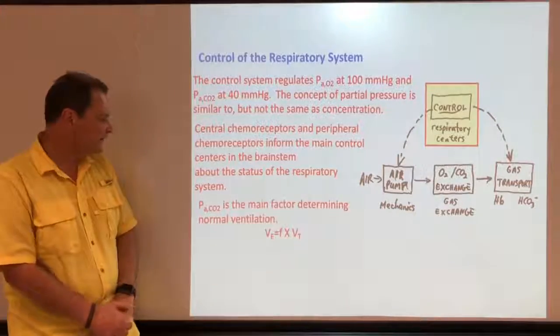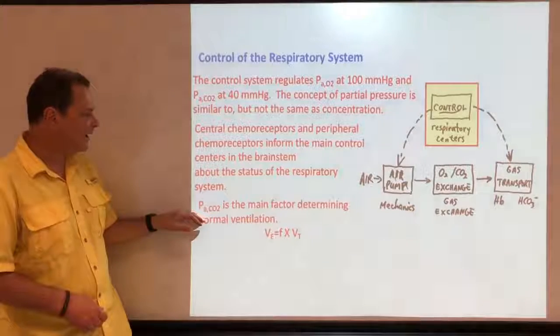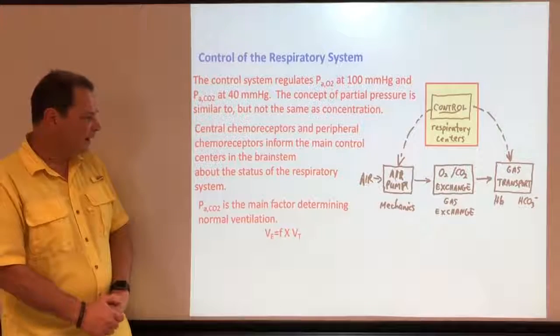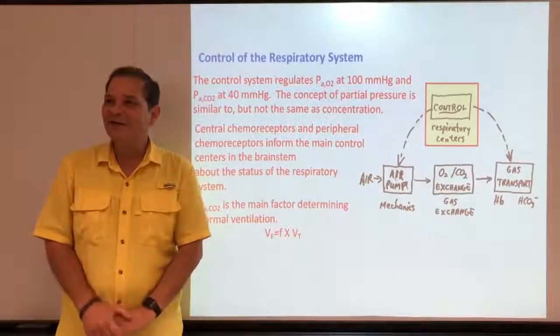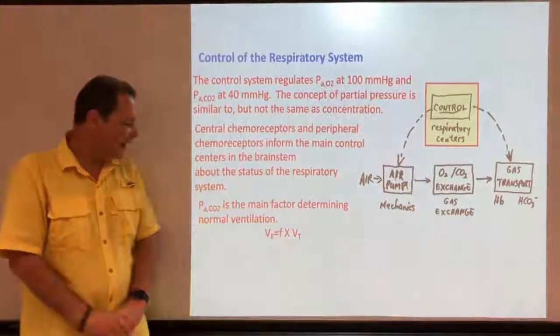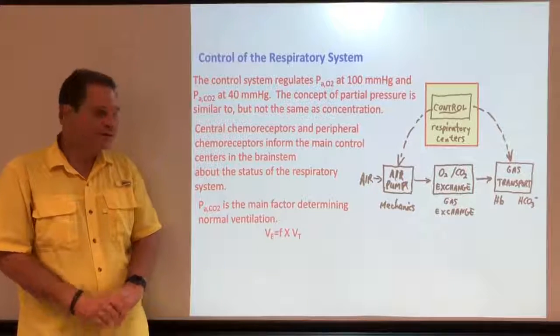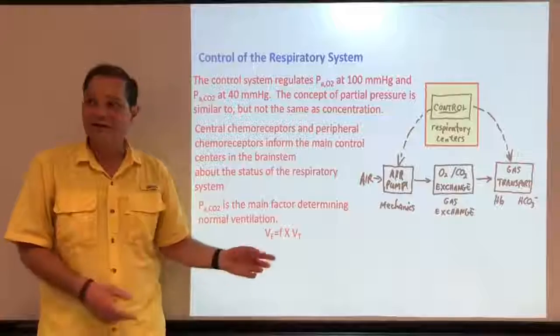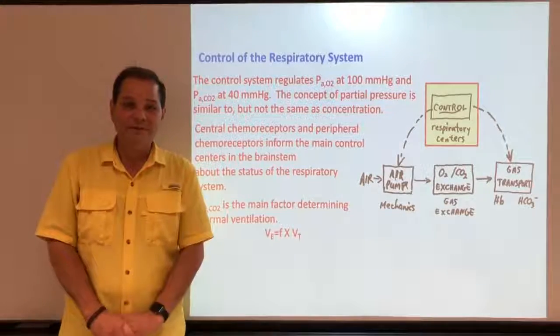For instance, the main driver ordinarily, when you and I are just sitting at rest, is carbon dioxide, okay? The carbon dioxide is detected by the central chemoreceptors. If the carbon dioxide is high, your respiratory system will increase the ventilation rate, in this case VE, minute ventilation.